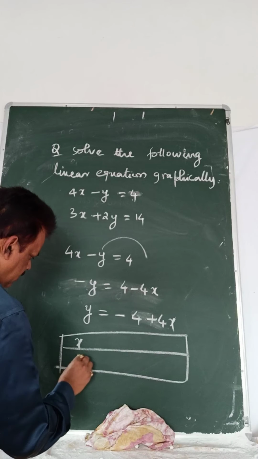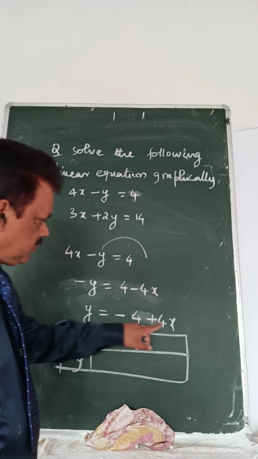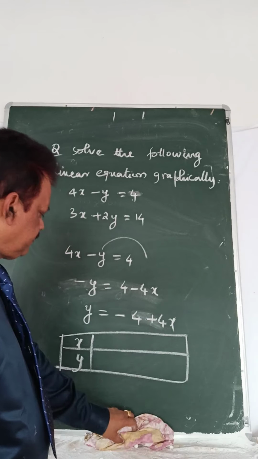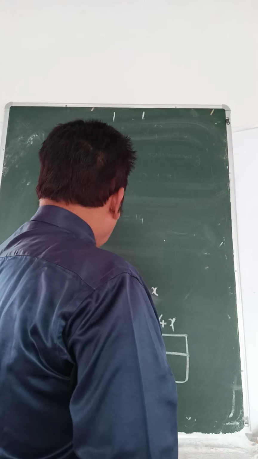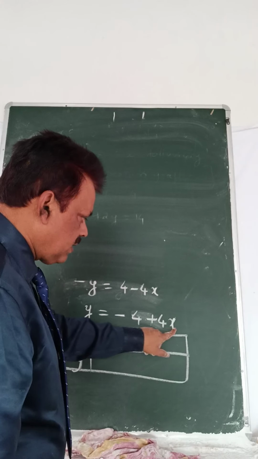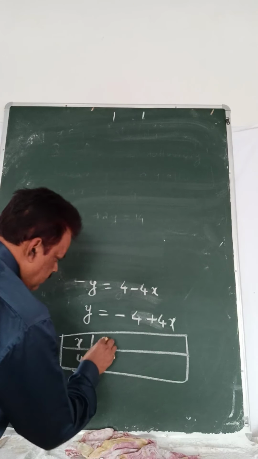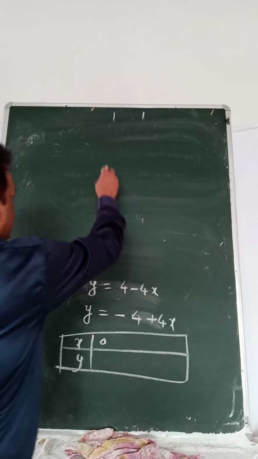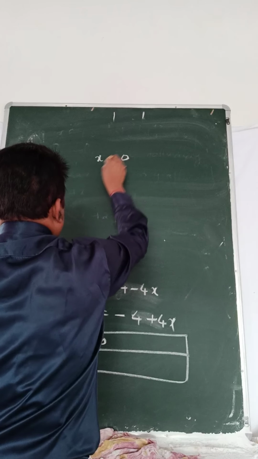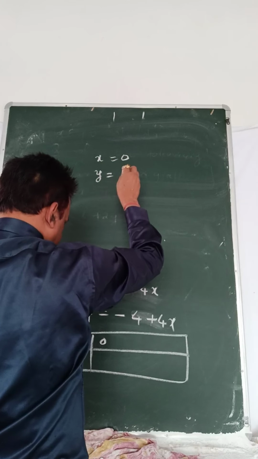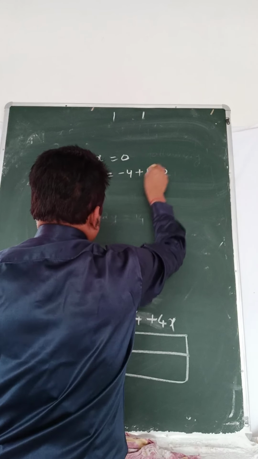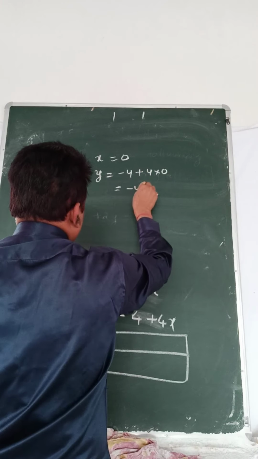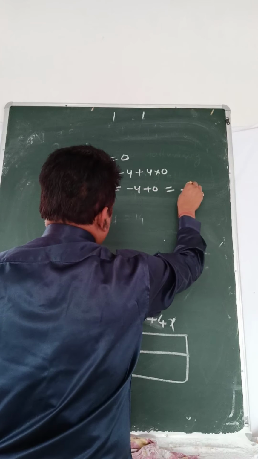Okay, see a box here. Here is x, here is y. Put the value of x as 0. When x equals 0, y will be minus 4 plus 4 into 0. Minus 4 plus 0, minus 4.